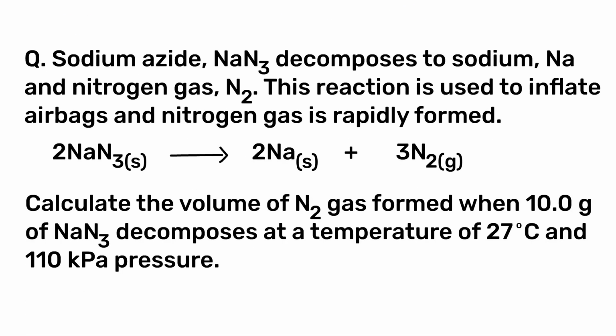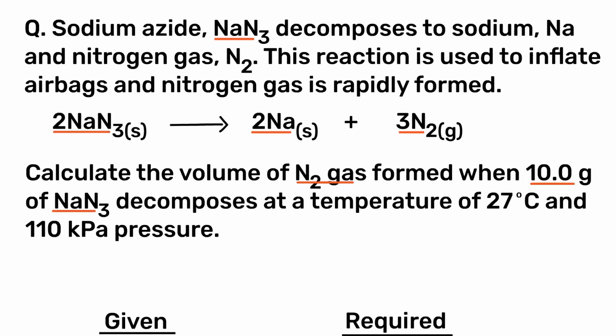You can also apply Avogadro's law to calculate volumes in a chemical reaction. So, for example, you have sodium azide, and it decomposes to form sodium in the solid state and nitrogen in the gaseous state. You have to calculate the volume of nitrogen gas formed when 10 grams of sodium azide decomposes.